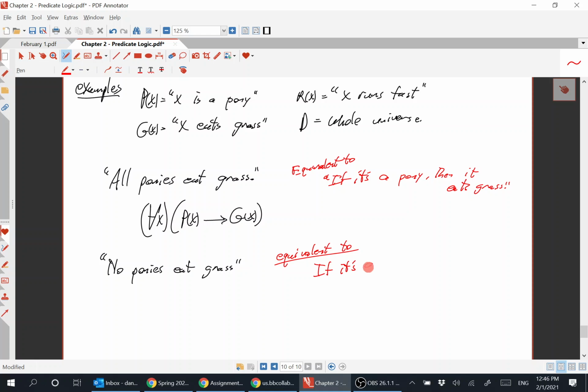If it's a pony, it doesn't eat grass. Or if it eats grass, then it's not a pony.